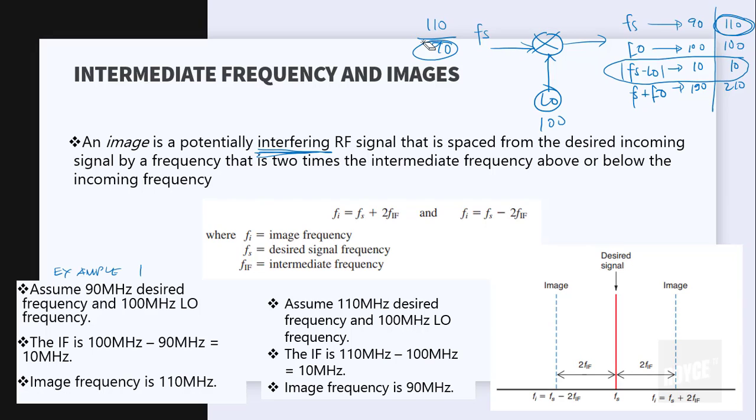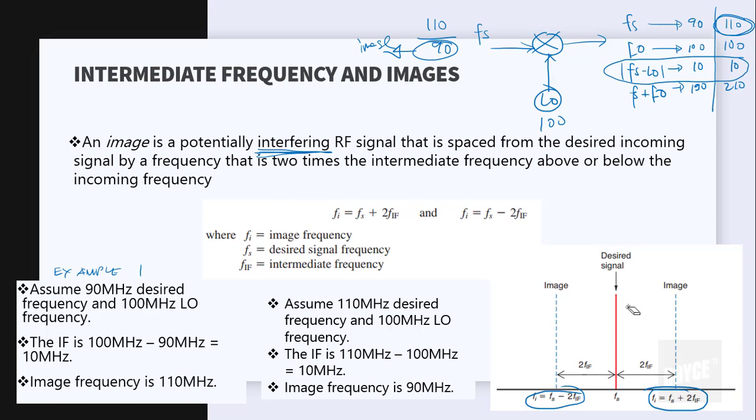Ito yung magiging image natin. Yung image frequency natin will also produce a difference frequency of 10. Tama? And a sum of 190. So, pwede siyang, yung image natin, pwedeng nasa taas. Pwede din siyang nasa baba ng desired signal.